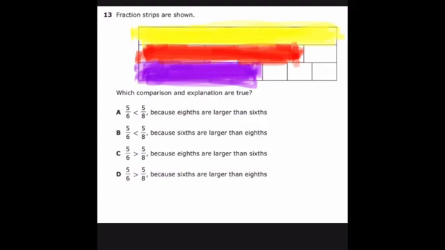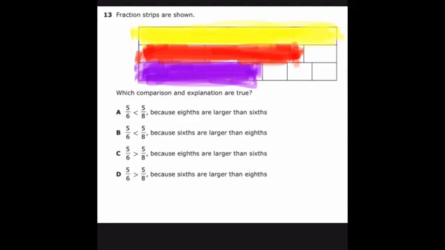Now, thinking of a candy bar: am I going to want to share with 6 people or with 8 people? I'm going to want to share with the least amount of people so I can get the bigger piece. So always let your child know that when the denominator is bigger, the piece is going to be smaller, because that's more people you have to share with. So I know that eighths are smaller than sixths.